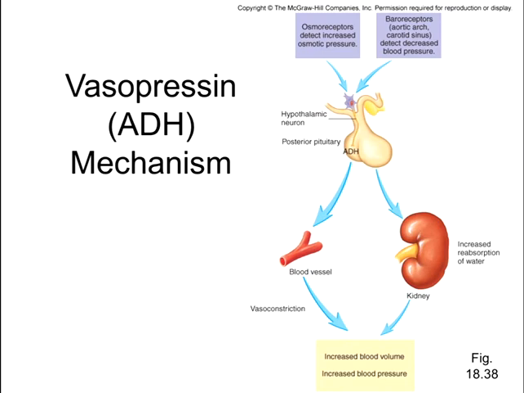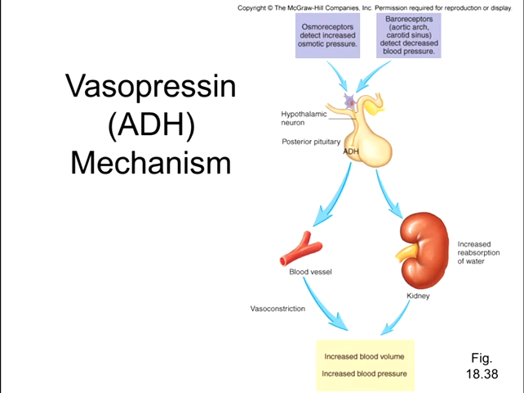Vasopressin is the other term for anti-diuretic hormone. It's the more clinical term. Problems that could occur with ADH include diabetes insipidus, and there are two main types.